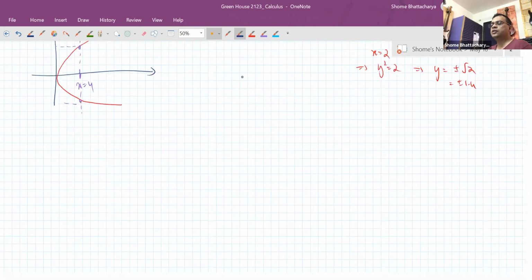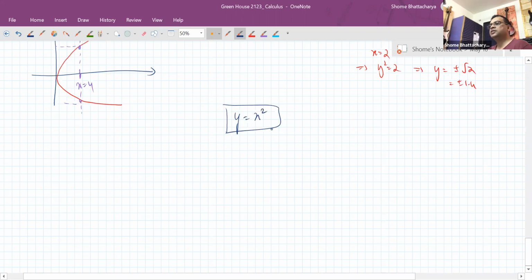But if I had written it the other way round, y is equal to x squared, now see what the graph looks like. The graph is like this. If I take x equal to 1, it only gives me one particular value, that y is equal to 1. If I take x equal to 2, it gives me only one value of y, which is 4.